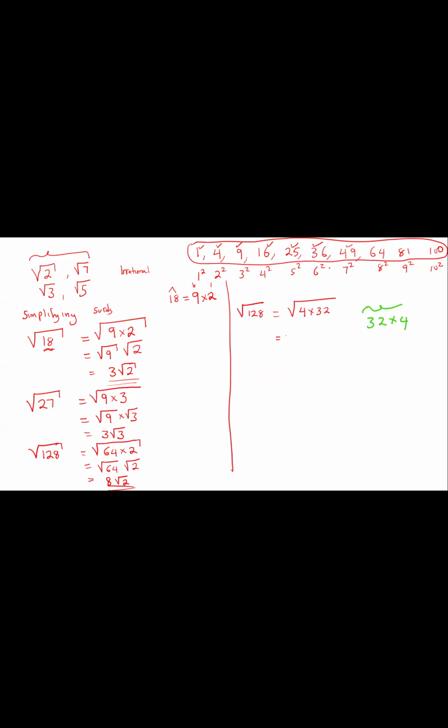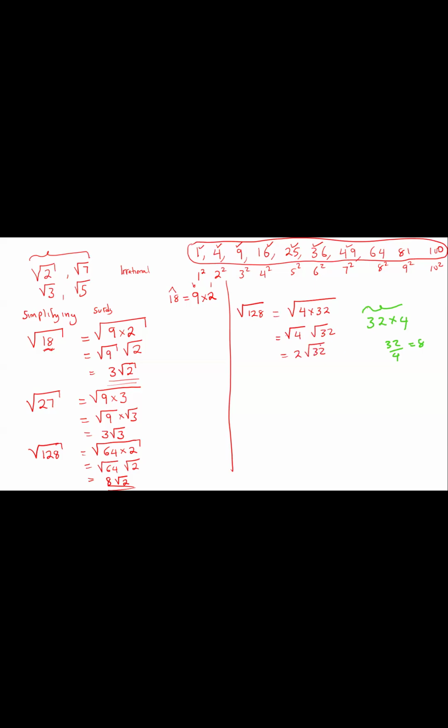So meaning you have not simplified further. In case this is what you are getting, you separate: this is root 4, this is root 32. So this will give you 2 root of 32. But root 32 is not simplified.